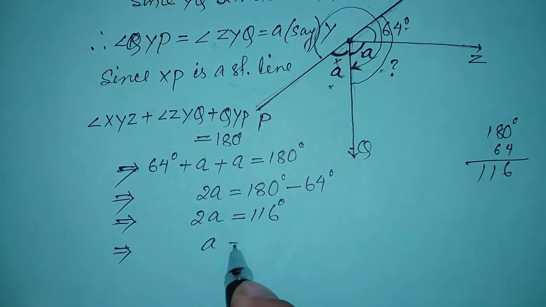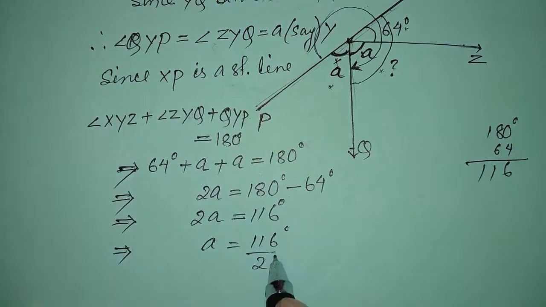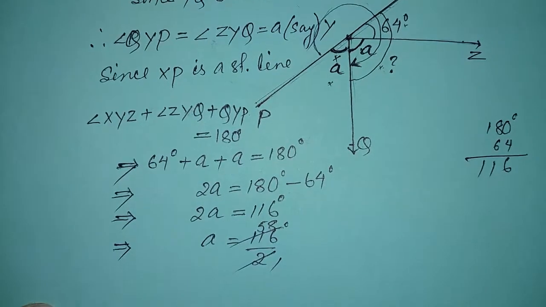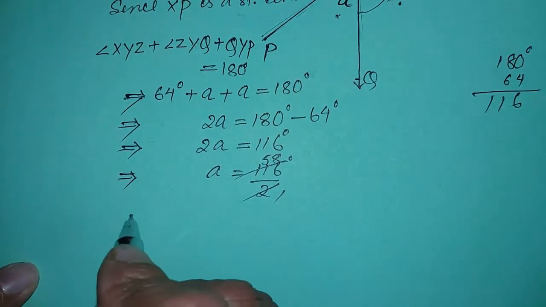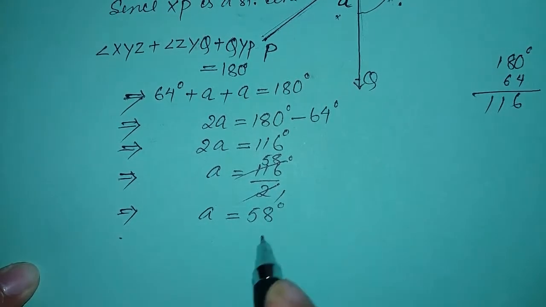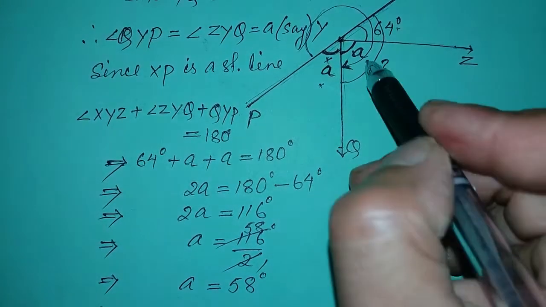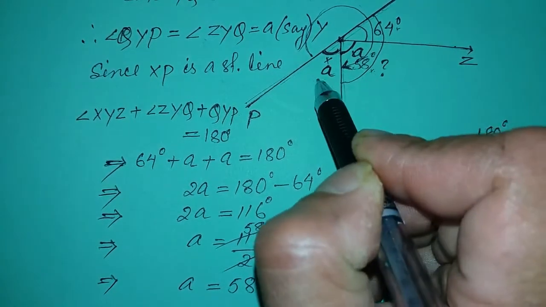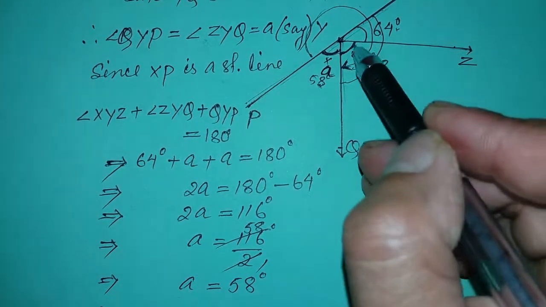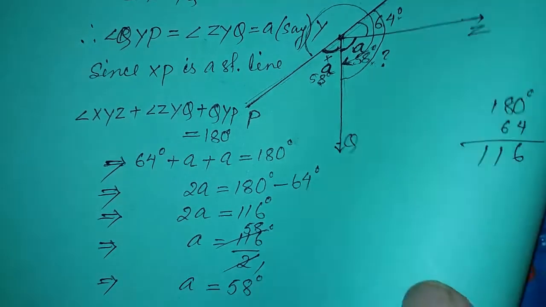Now dividing both sides by 2, we will get 116 degree by 2, which is 58. A is equal to 58 degree. So that means this is 58 degree and this is also 58 degree. So we say that angle ZYQ is 58 degree, also angle QYP is 58 degree.